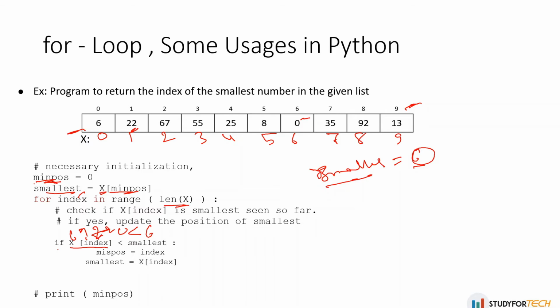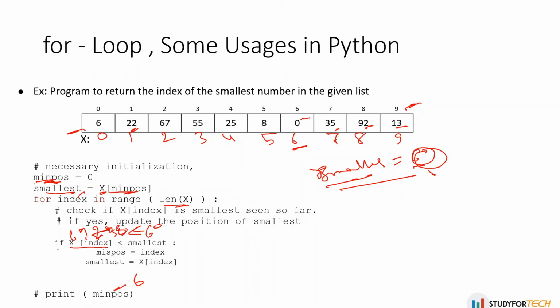Then it will go to 35, is 35 less than 0, no. Similarly, it will check 92, 13. So the smallest number would be 0, and the position of 0 is 6. So this min position will hold 6.